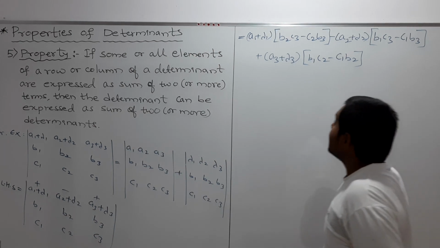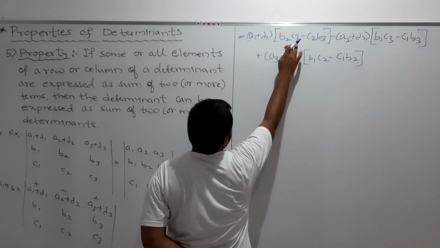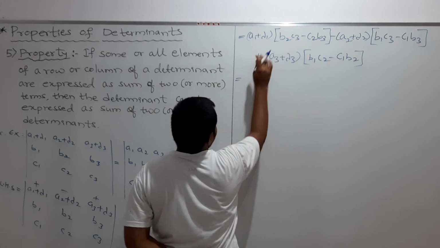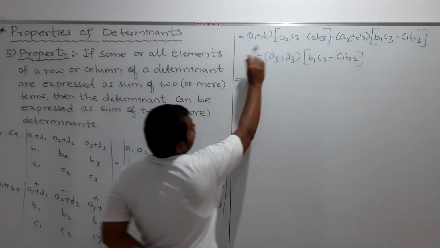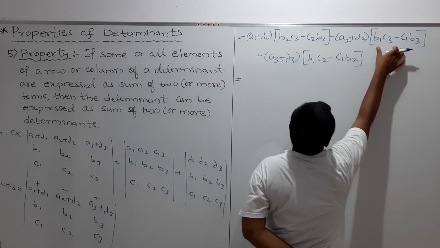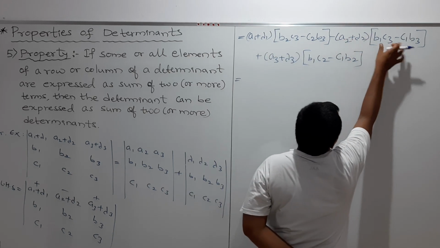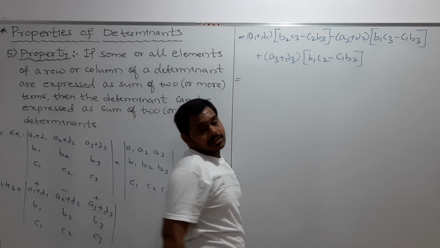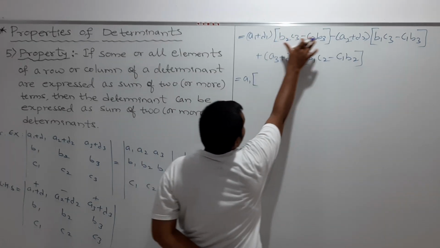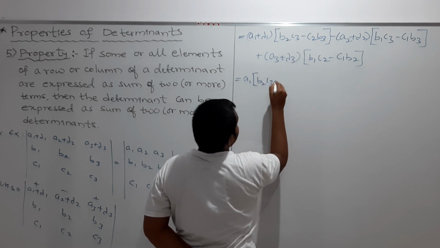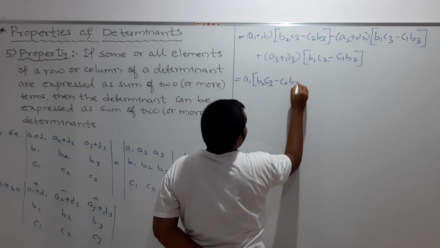Clear? Now, my dear students, a1 plus lambda 1 is there, so multiply once this term with a1 and another time multiply with lambda 1. Clear? So first I multiply a1 with this term, a2 with this term, a3 with this term, and next I will write lambda 1 into this term, minus lambda 2 into this term, lambda 3 into this term. So here, a1 into b2c3 minus c2b3.